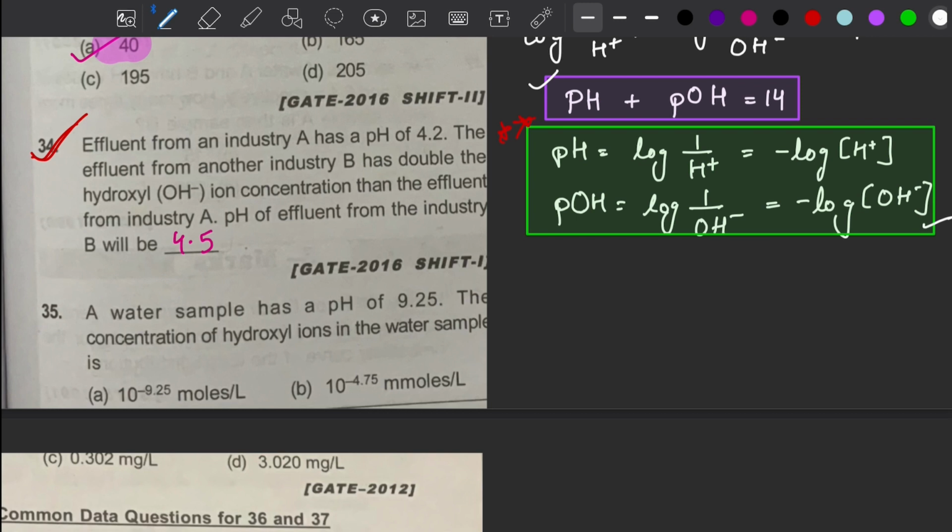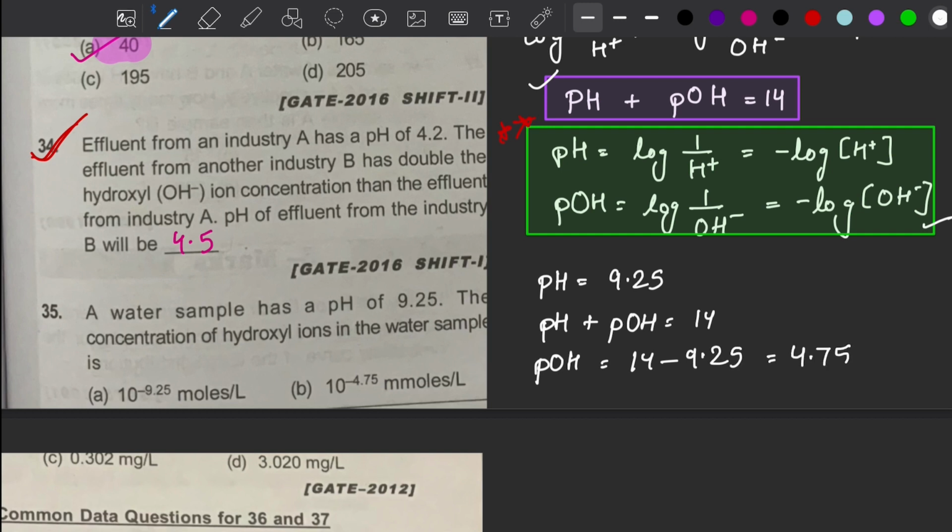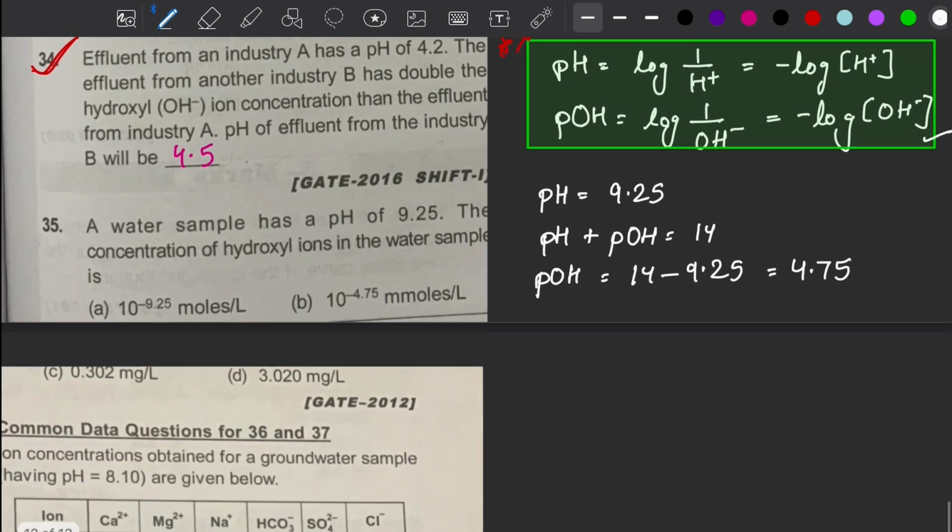So let's try question 35. We are given the pH of the sample. pH of the sample is 9.25. And we know pH plus pOH is nothing but 14. So pOH is 14 minus 9.25. It becomes 4.75. Now we want to know the concentration of hydroxyl ion. pOH we got.